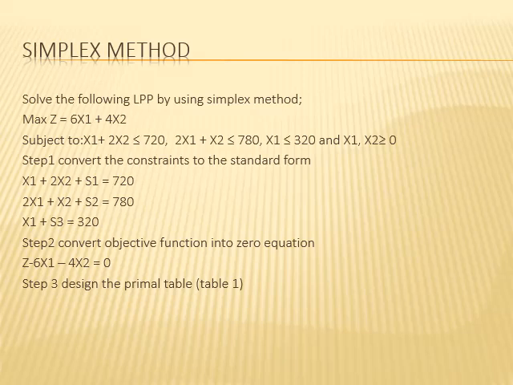First step, convert the constraints or inequalities to the standard form by adding s or slack variable. The second step is to convert the objective function into zero function by moving the right side to the left side.